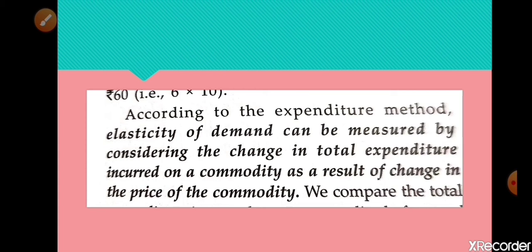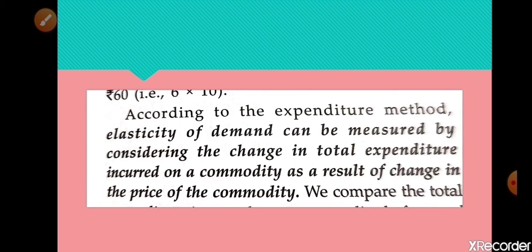One thing I want to tell you is that we cannot measure the accurate elasticity by this method. We can only tell whether it is more than 1, less than 1, or unitary, meaning elastic, inelastic, or unitary.